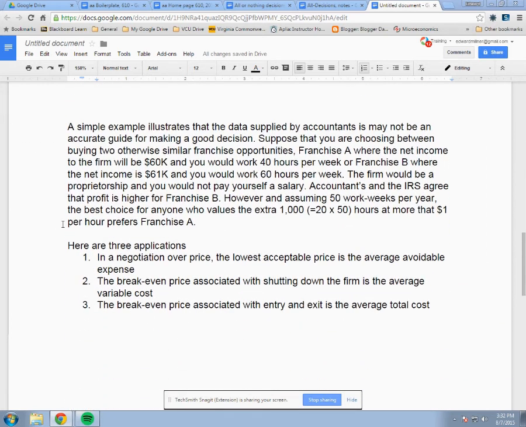A simple example illustrates that the data supplied by accountants may not be an accurate guide for making a good decision. Suppose that you are choosing between buying two otherwise similar franchise opportunities. Franchise A, where the net income to the firm would be $60,000 and you would work 40 hours per week, or franchise B, where the net income is $61,000 and you would work 60 hours per week.